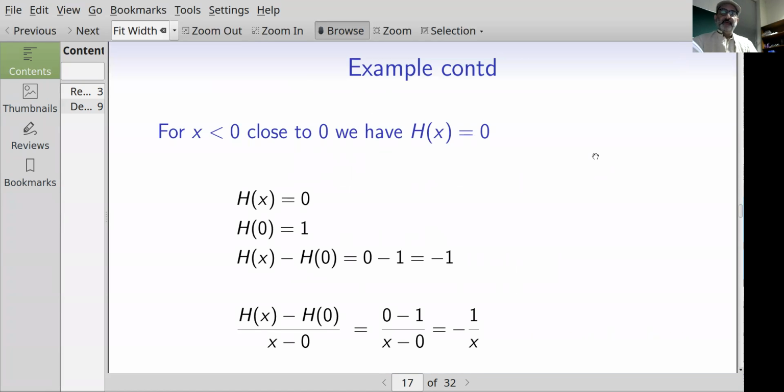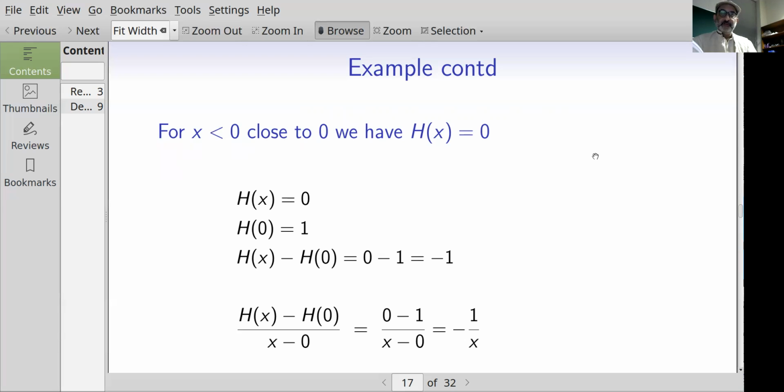Okay, for x less than 0 and close to 0, x is negative, so h of x is equal to 0. So h of x is equal to 0, h of 0 is equal to 1 by the definition of the Heaviside function. Then h of x minus h of 0 is 0 minus 1, which is equal to minus 1.